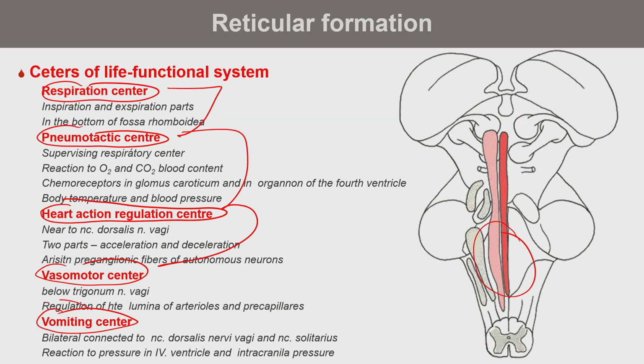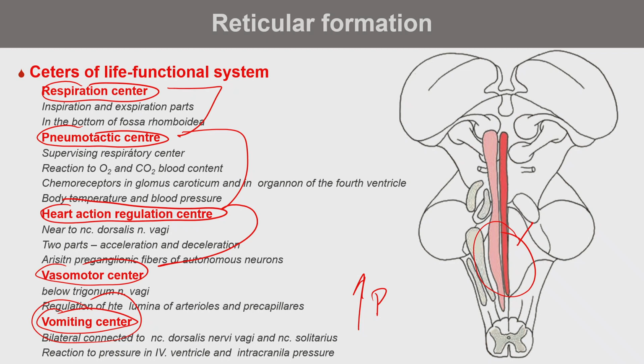And the last center is the vomiting center. The vomiting center is also important because when you have some concentration of some substances, or when you have increased pressure in the intracranial space, increased pressure of the liquor, then the patient is vomiting.